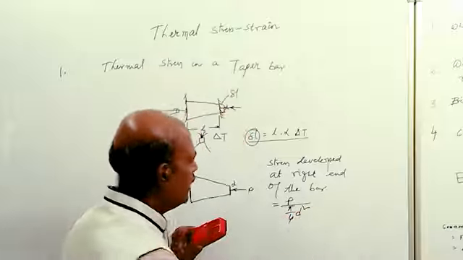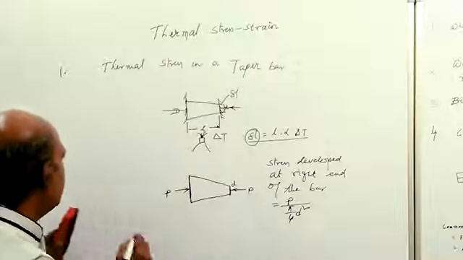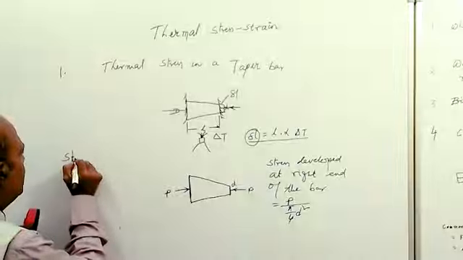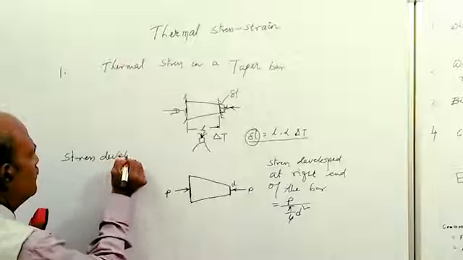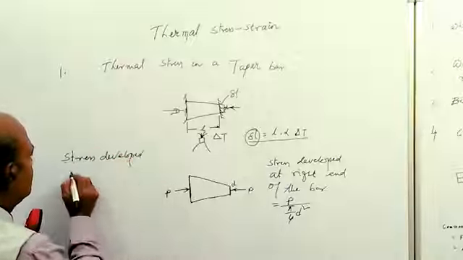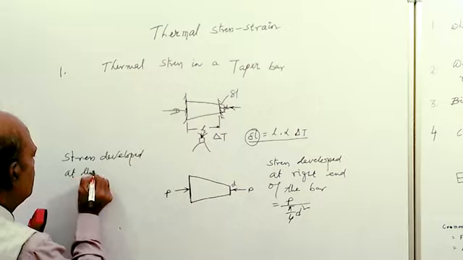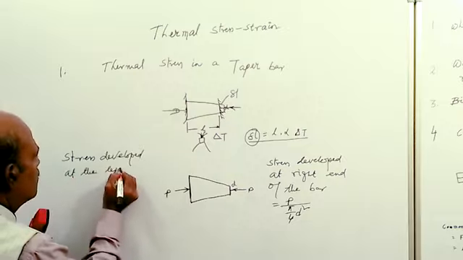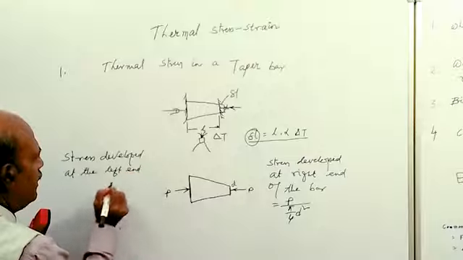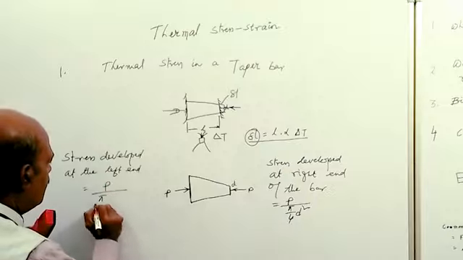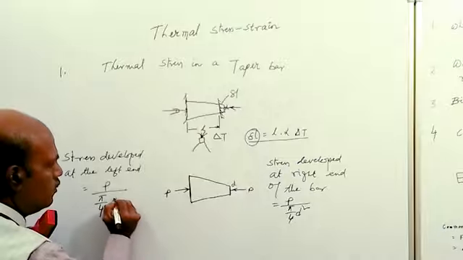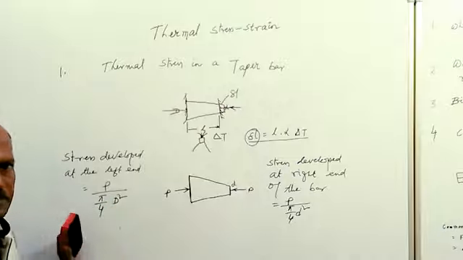So this is the stress developed at the right end, and the stress developed at the left end is given by P by pi by 4 into capital D square.